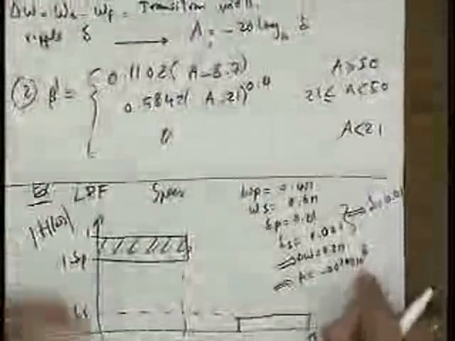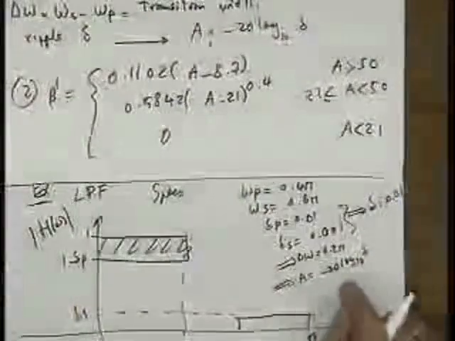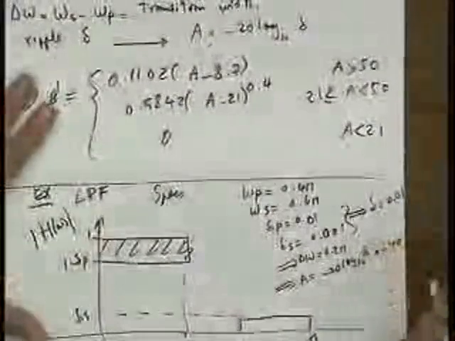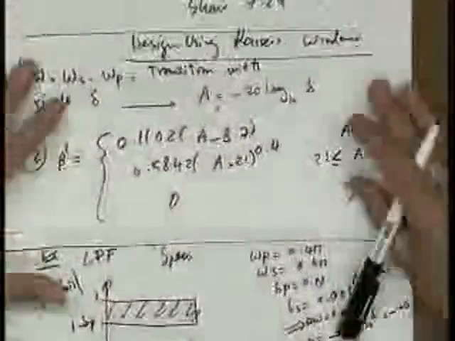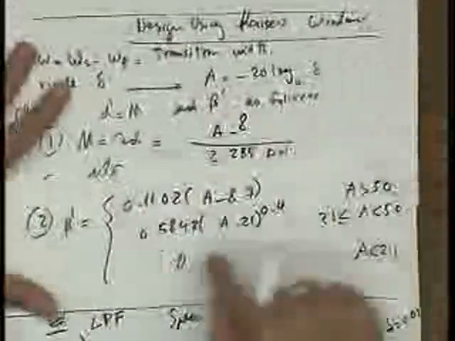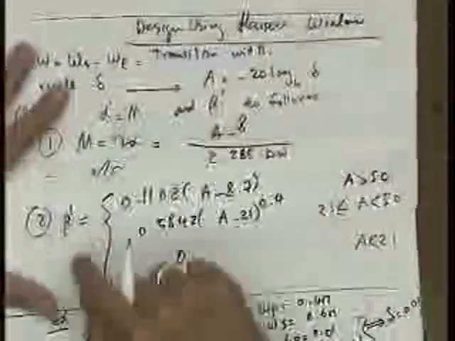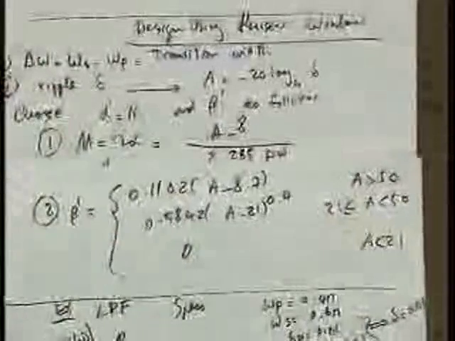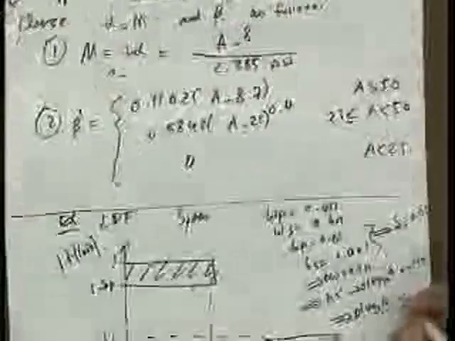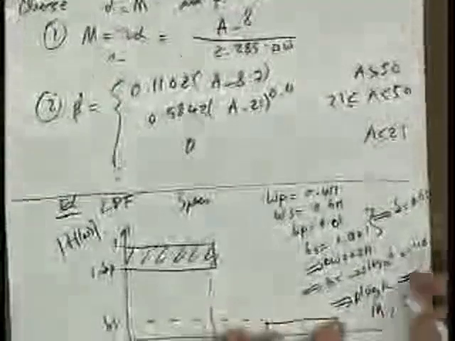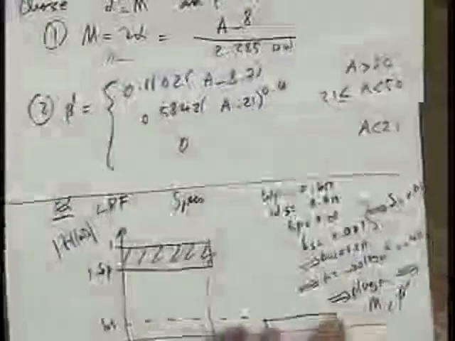Delta is 0.01, log 10 of this is minus 2, so it's 40 dB. So you have the value of A and the value of delta omega. You plug them into these two equations, and you get candidate values for M and for beta prime.